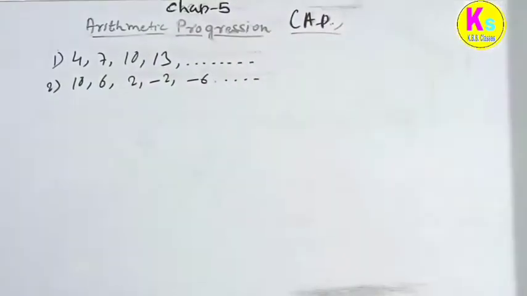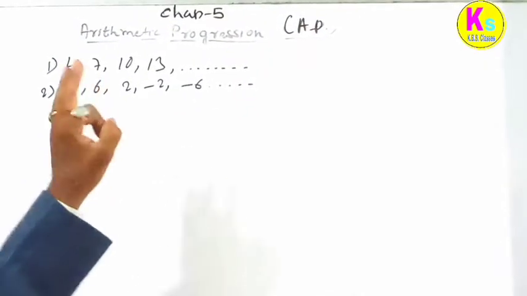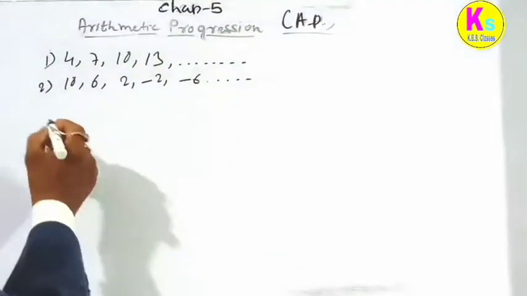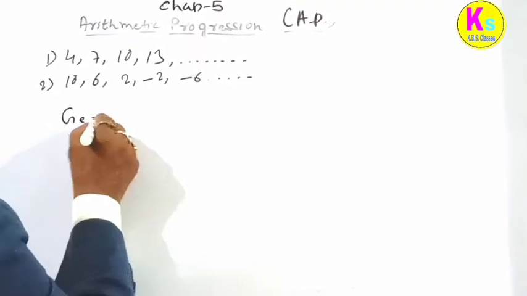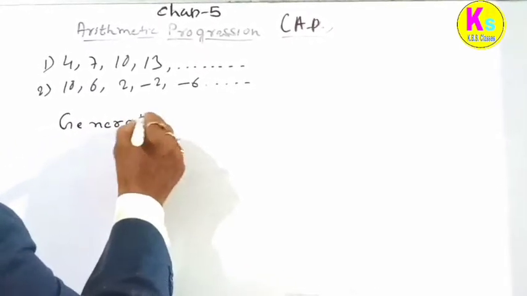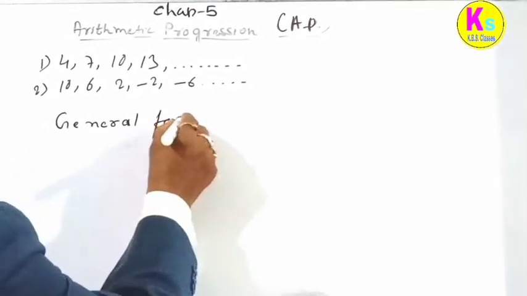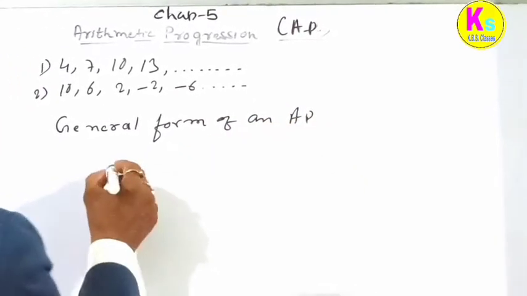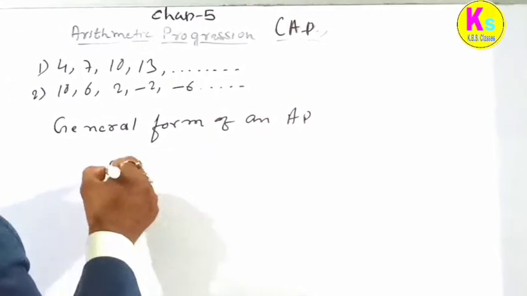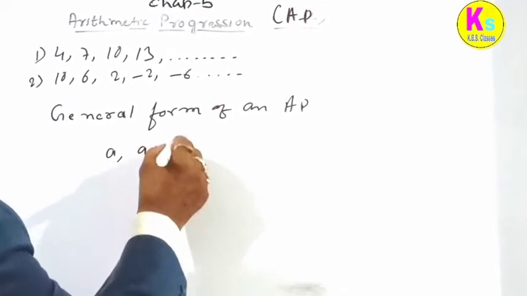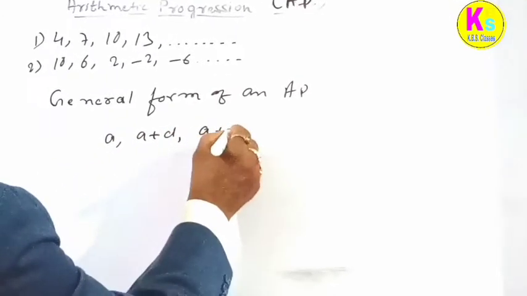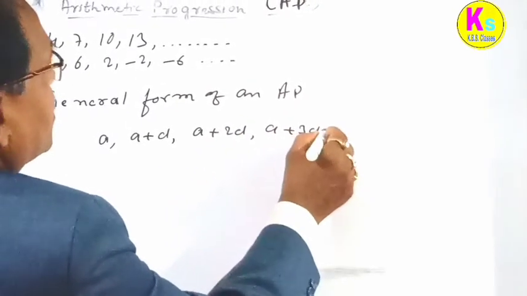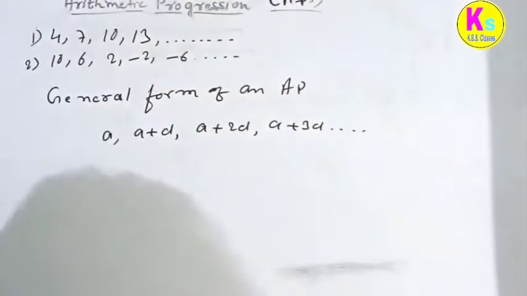Now we have to know what is the general form of an AP. The general form of an AP is a, a plus d, a plus 2d, a plus 3d, and so on.